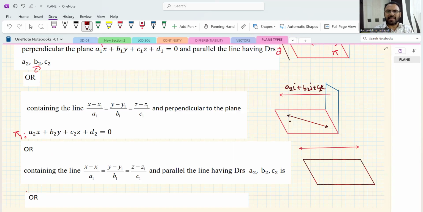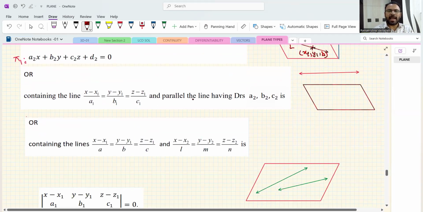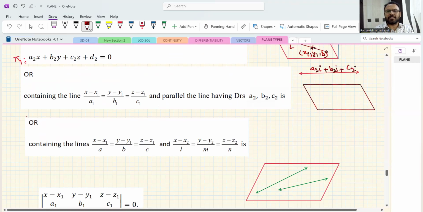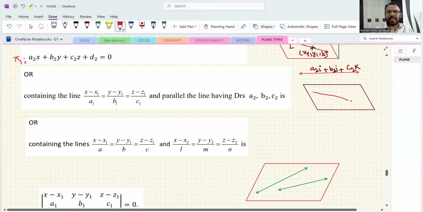When a line L lies on the plane, it means that the plane is parallel to that line and also passes through that point x1, y1, z1. Right. Or they can give that containing one line and parallel to another line, so this is parallel to A2 i plus B2 j plus C2 k. These are all different situations of obtaining the equation of plane in one format. Now a line, it contains a line.